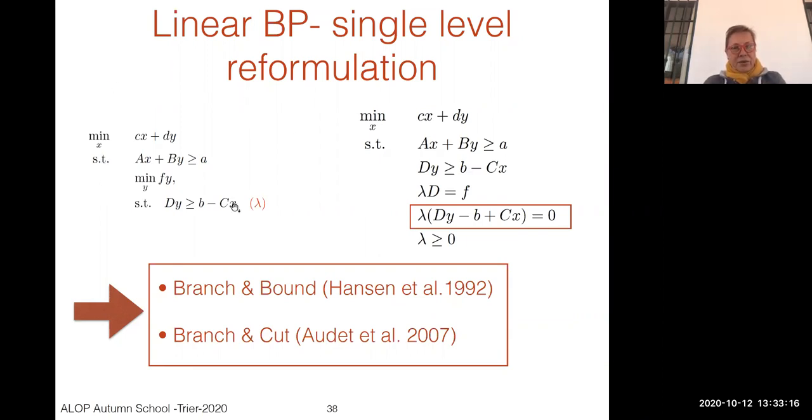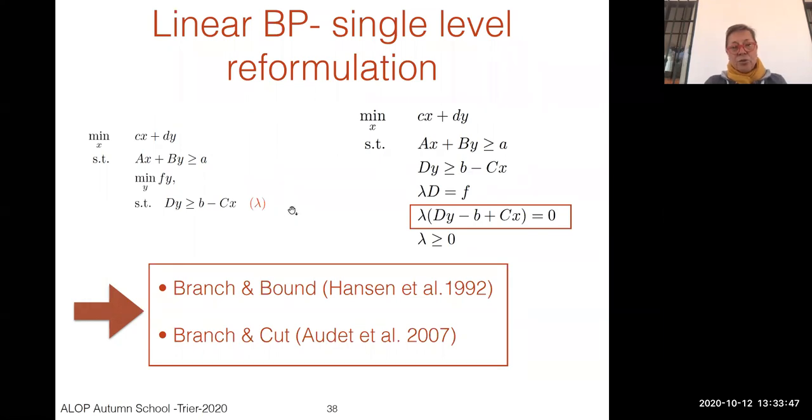So here, on the left, you have the bilevel linear optimization problem. And associated to the constraints of the second level, I have put here in parentheses a vector lambda, the vector of dual variables corresponding to all the constraints of this second level.